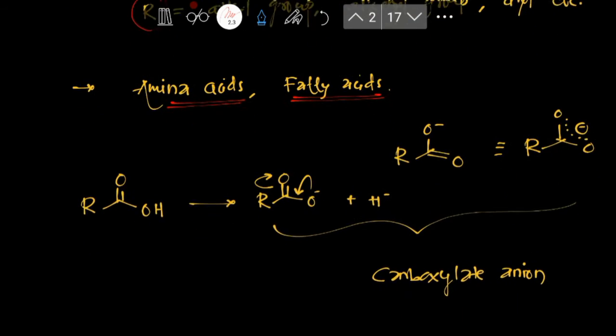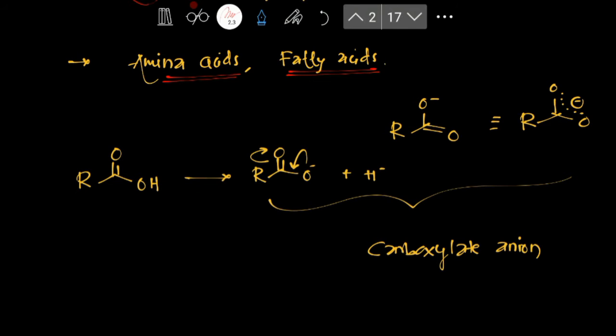Okay, so as per the resonance theory, this carboxylic acid has an acidic proton. It donates the proton easily, or releases the proton easily, and forms a carboxylate ion, which is the more stable one. That's why carboxylic acids are quite a bit more acidic compared to alcohol. We can compare these two now.